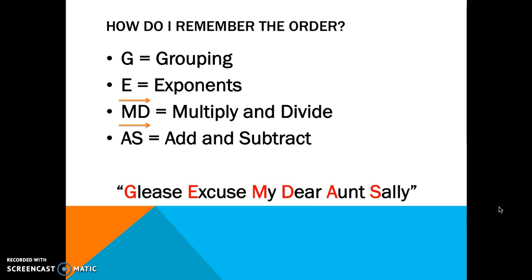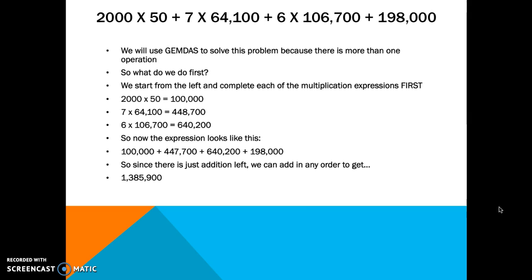So again, the G is for grouping, E is for exponents, the M and the D are for multiplication and division, and then the A and the S are for adding and subtracting. And if you notice, there's an arrow above the multiplication and division and the addition and subtraction, which means you're moving from left to right and you're seeing which operation you hit first.